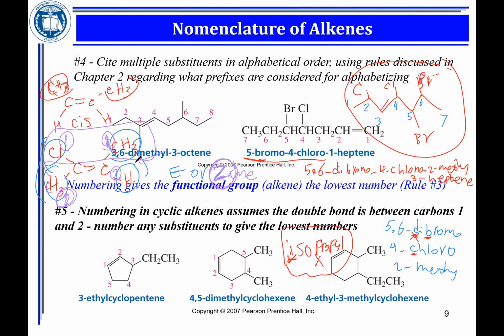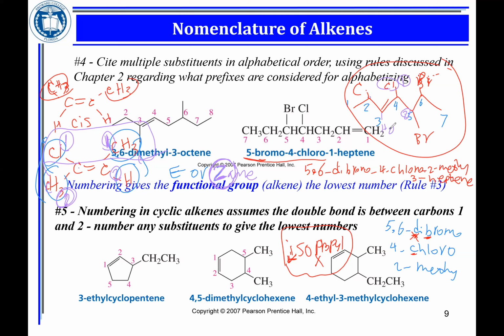Now, since we have a 3D structure here, if you want to determine the priority for these 2 carbons, we have chlorine, priority 1, and this carbon, because it's carbon, is going to be priority 2. So 1, 2. And then you have hydrogen here and carbon.